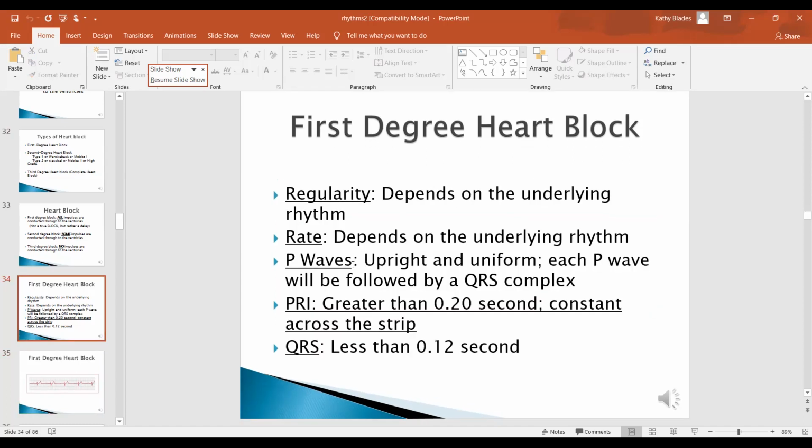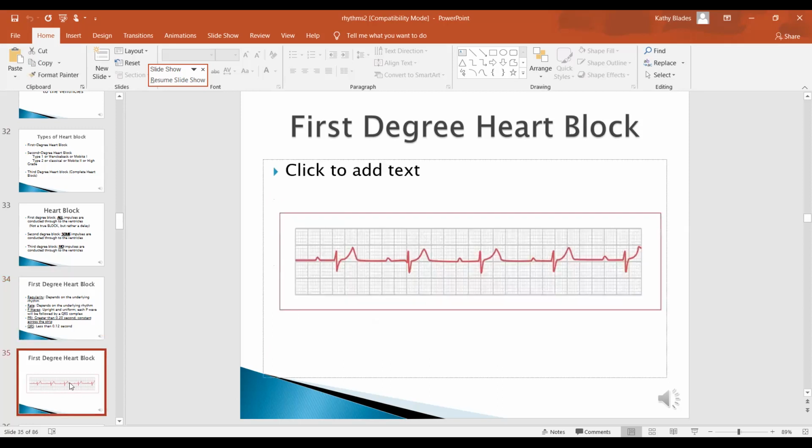Here's the difference. This is where that measuring comes into play. The PRI is greater than 0.20 second, and it's constant across the strip. So it can't be every once in a while. It has to be constantly a wider PRI. And then the QRS is the same. It's less than 0.12. So if we look at this, this is a first degree heart block.